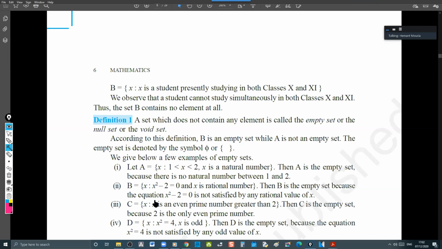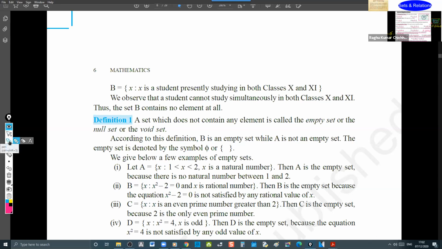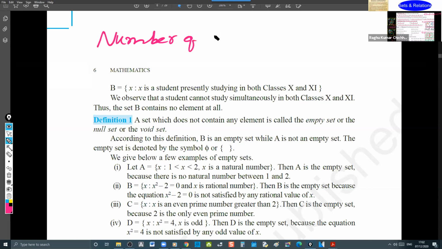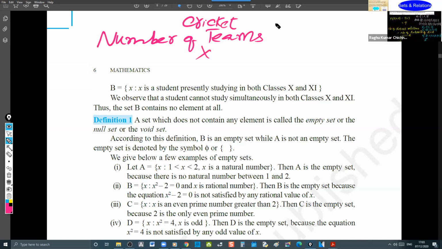It's a little hard, sir, when you ask us to come up with it instantaneously. No problem, take your own time. Number of cricket teams that participated in the Olympics.